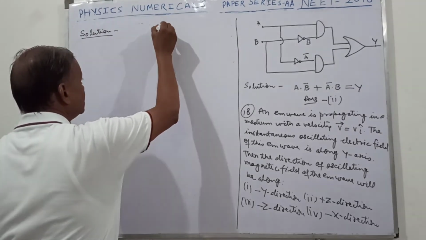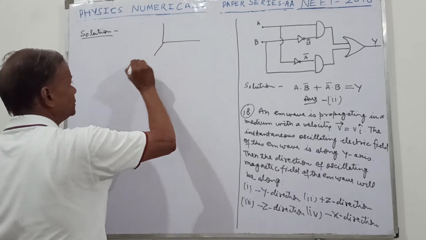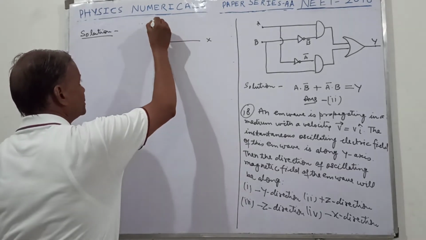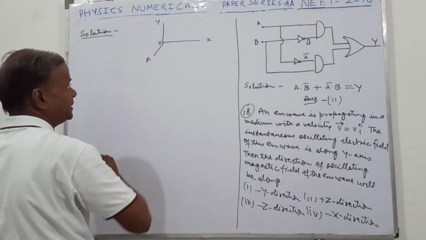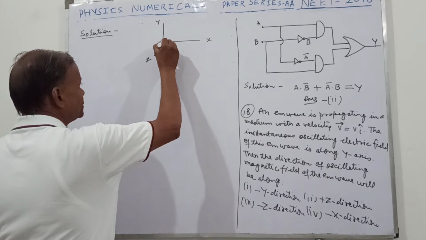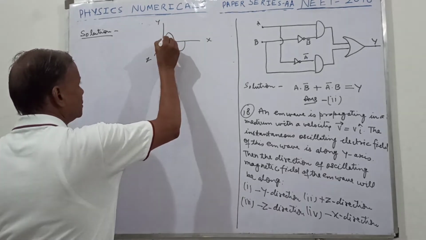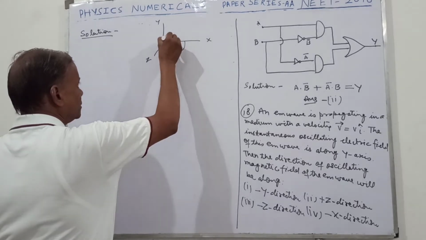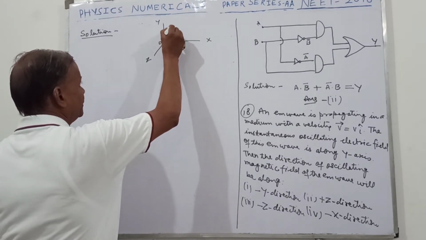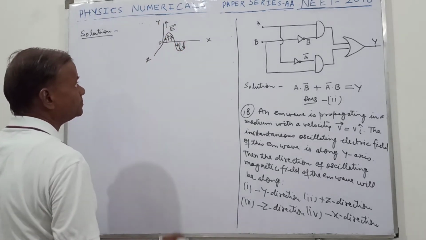Solution is: this is 0, this is x, this is y, and this is z. Then what we have? This is the E vector, which is along the y-axis.